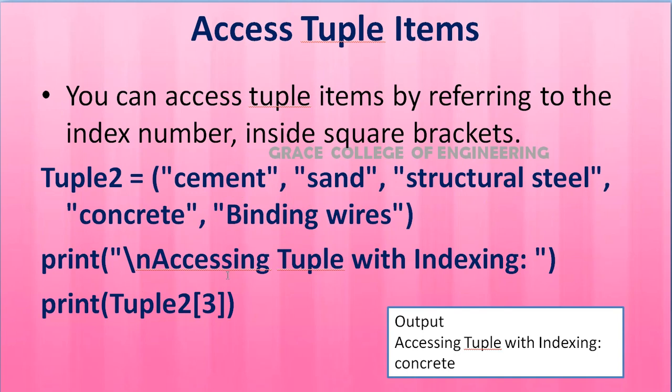Then print accessing tuple with indexing, print tuple 2 of 3. While accessing based on the index, it starts from 0. So cement is 0, sand is 1, structural steel is 2, concrete is 3. We are going to access the third index, so the output is concrete. In this way, based on the index value, you can access the elements.